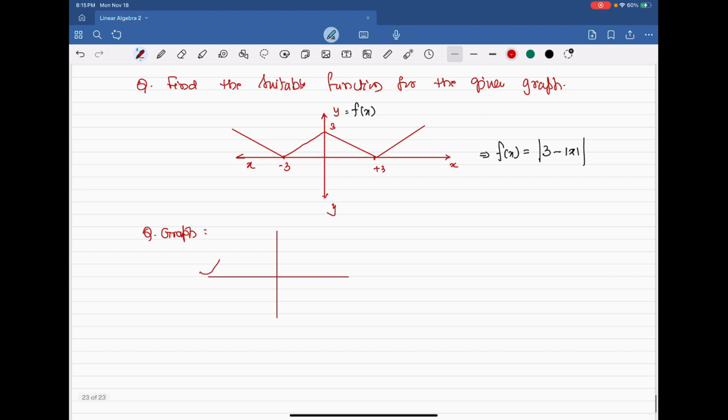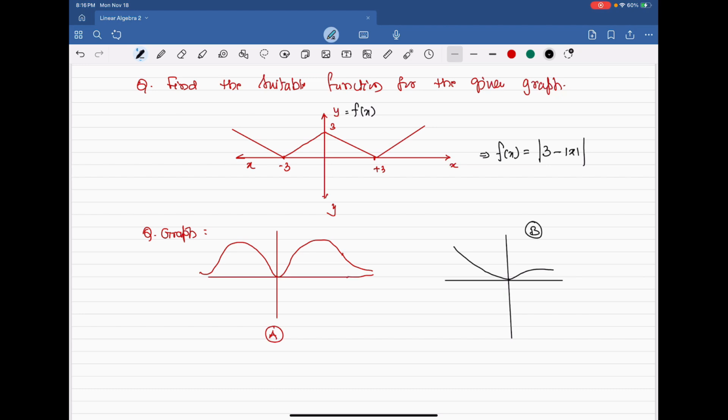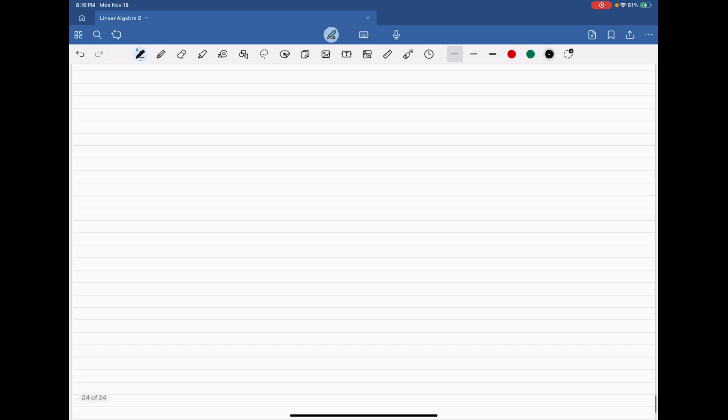One graph is like this. This is, let us say, A. Another graph is like this. Whatever I have taught you till now, from there only I am giving. This is B. Another graph is like this.